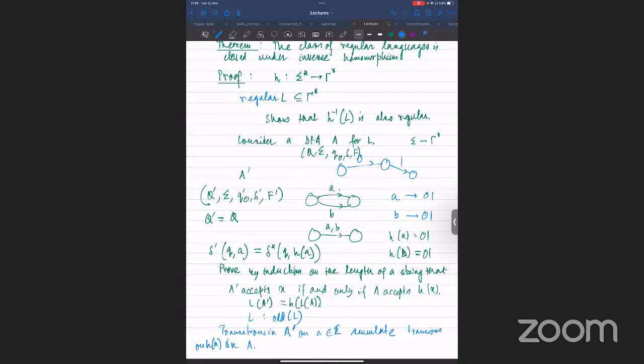Then, if you want to construct a DFA and you don't have the corresponding inverse image, you can just go to a trap state, right? You can do all these kinds of things. Clear? But this automaton A prime is exactly going to accept the inverse homomorphic image of the original language.